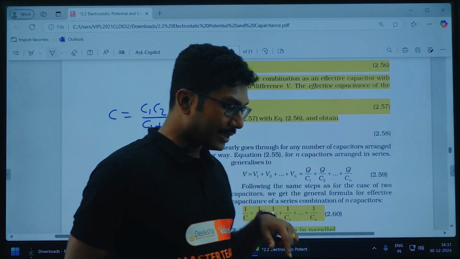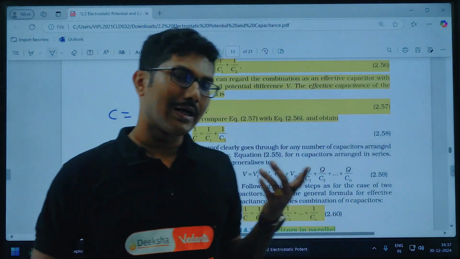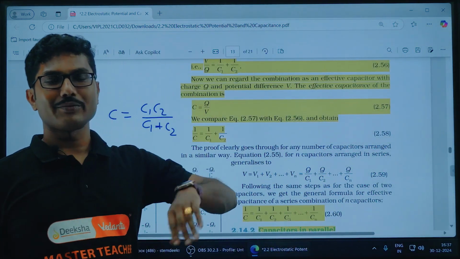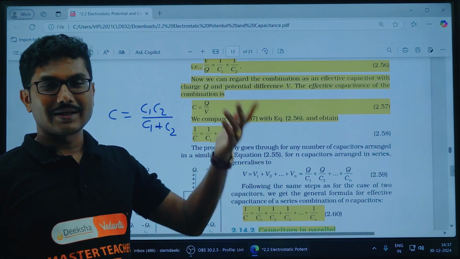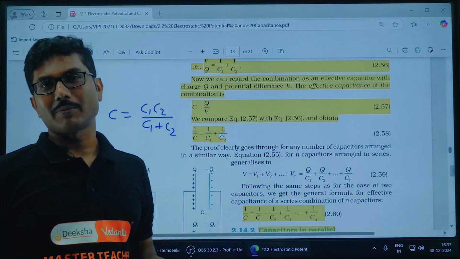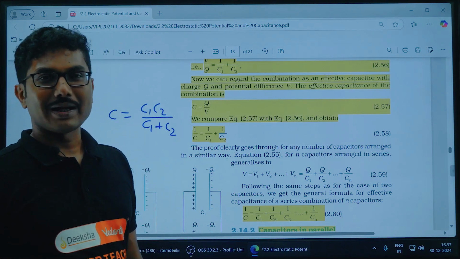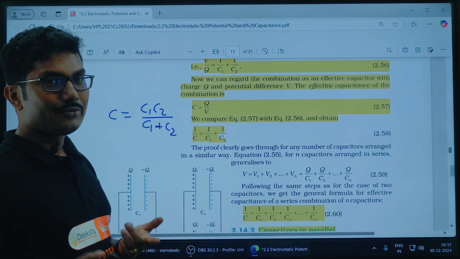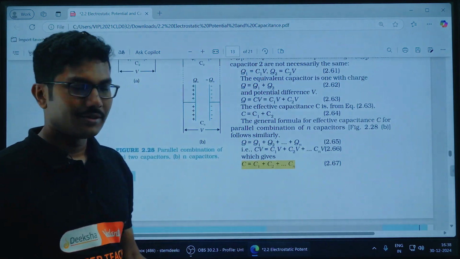Because it is 1 by C, you have to take the inverse to calculate C. So they calculate 2/3 or 1/3, whatever value they get, but they have to take the inverse. If the answer was 2/3, then the final answer will be 3 by 2, that is 1.5, but they make the mistake of leaving it at 2/3 and thinking they have done it correctly. So they lose marks, and in competitive examinations they score negative marks as well.